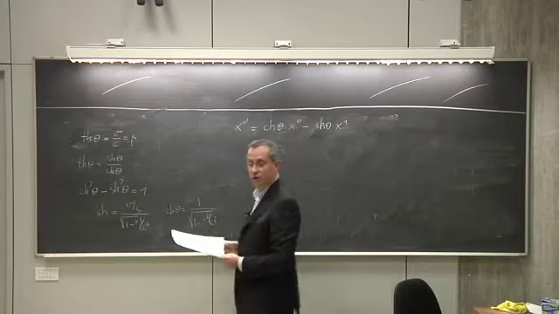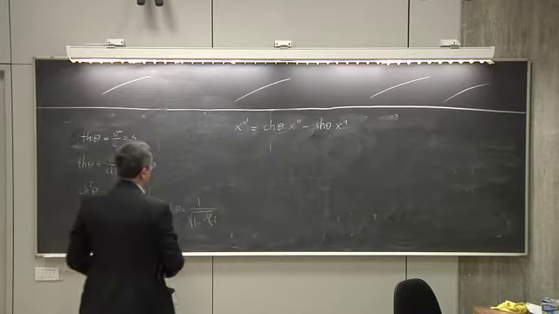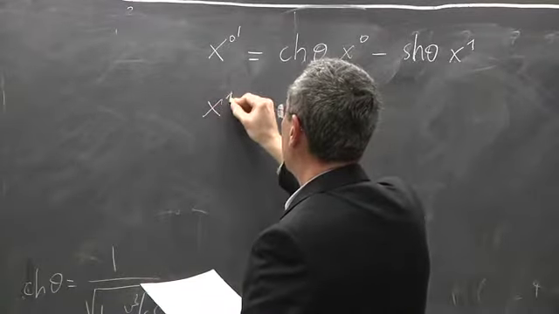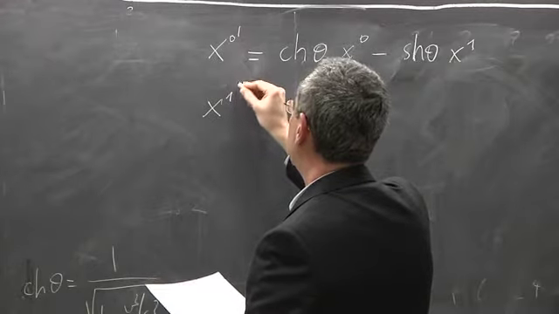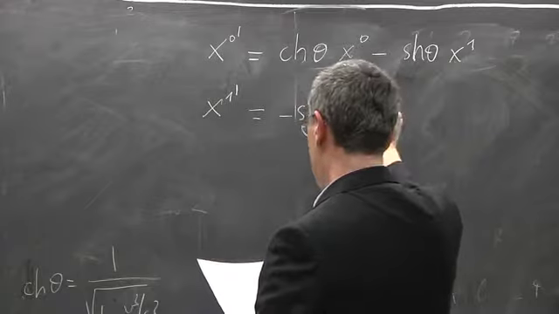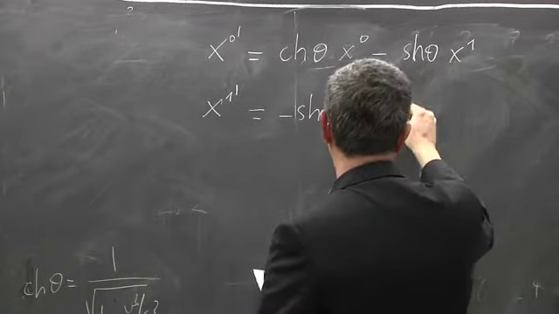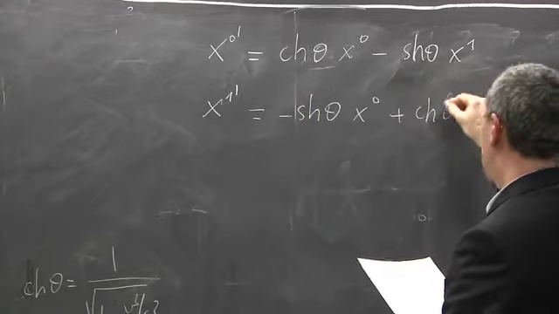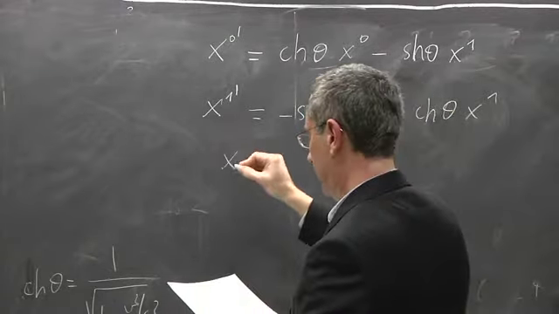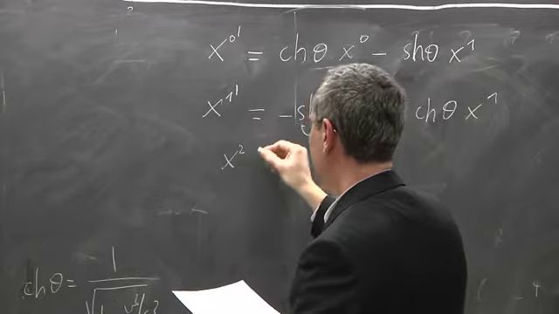I'm still boosting only in one direction, okay? So this is time, and the x direction is minus the sinh of theta times x naught plus the cosh theta times x1. And the others are the same, right? Y and z.